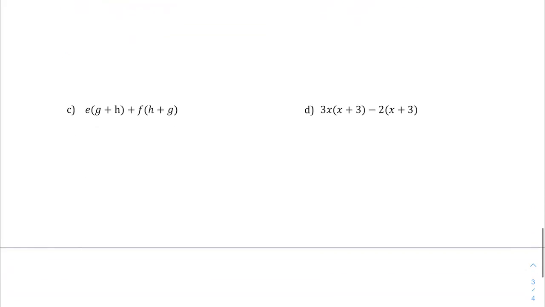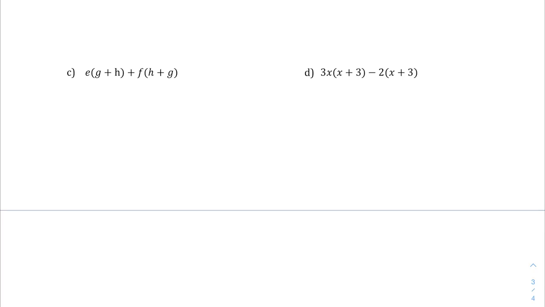Wow. It's getting a lot easier. Oh, I spoke too soon. Now it's getting more tricky actually, because it's just variables. So you see, you look at the brackets, and they're not exactly written the same, but if you think about g plus h, that's the same thing as if you were to do h plus g, right?